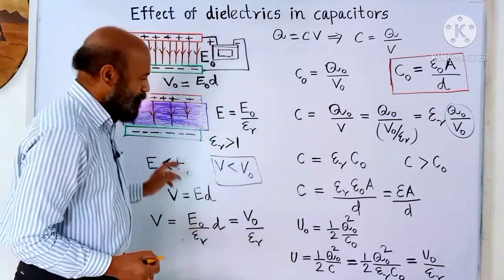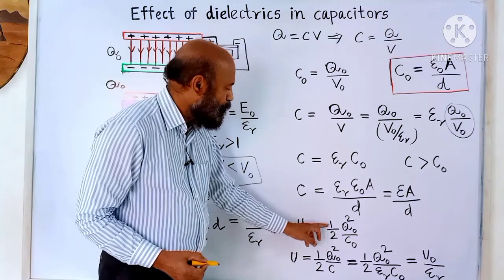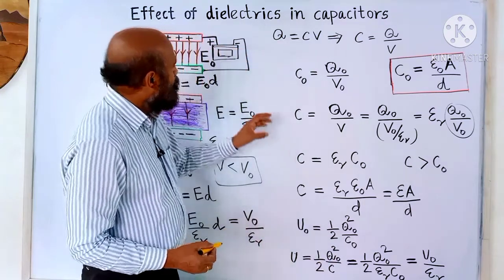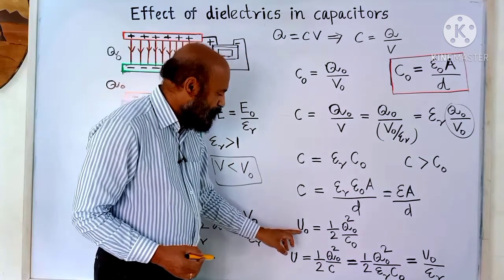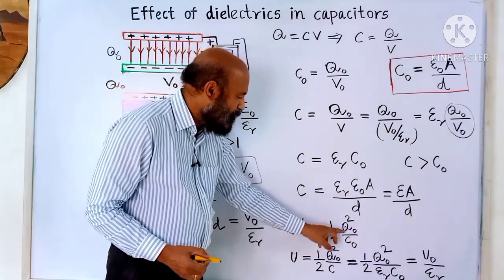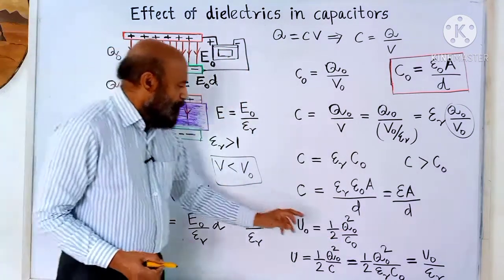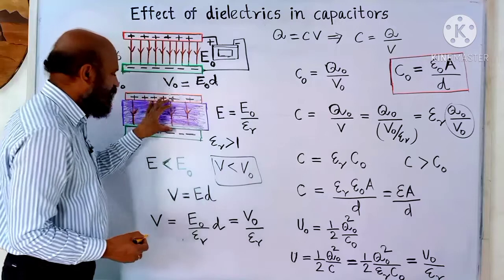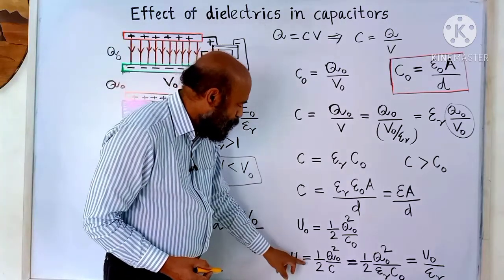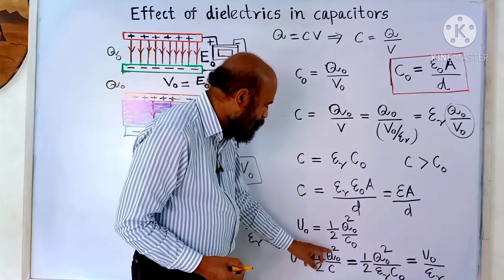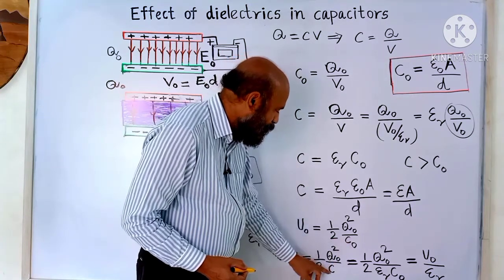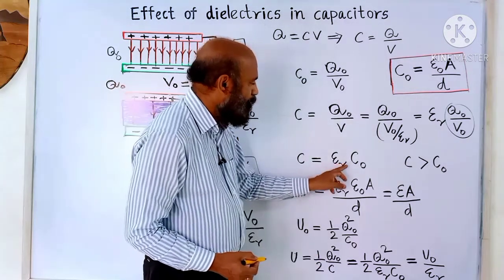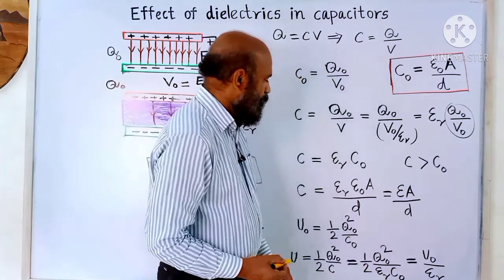Energy stored in a capacitor is given by this relation, U is equal to half Q square by C. With air in between the plates, U0 is half Q0 square by C0. With the dielectric, the energy stored is U, so U is equal to half Q0 square by C. For C, we can write epsilon R C0.